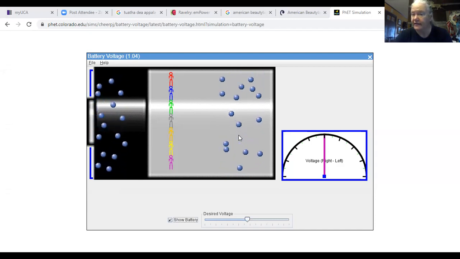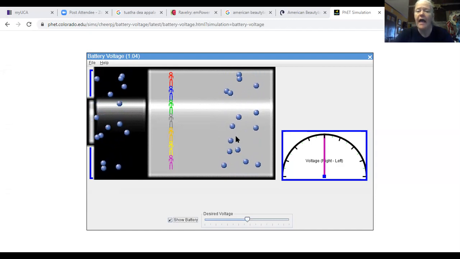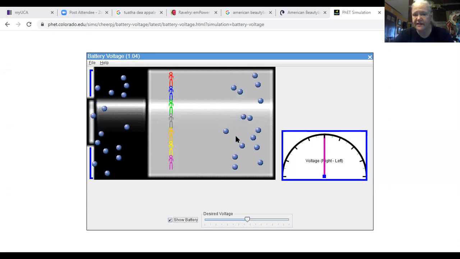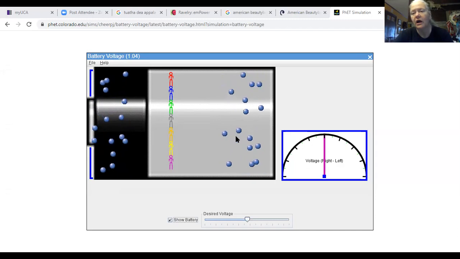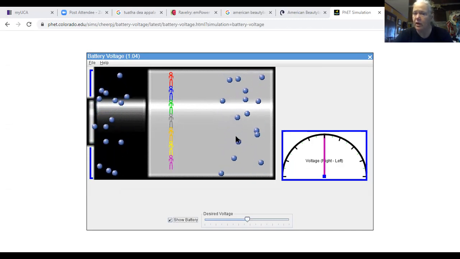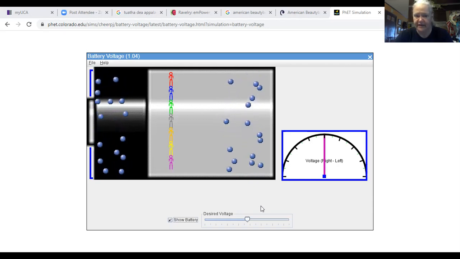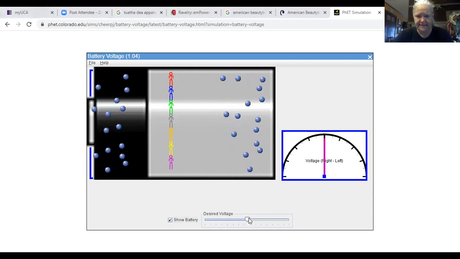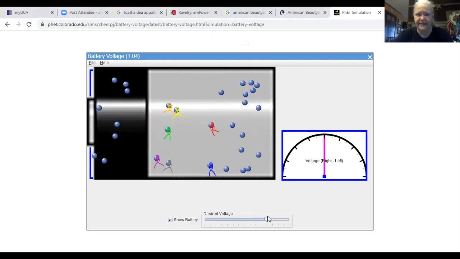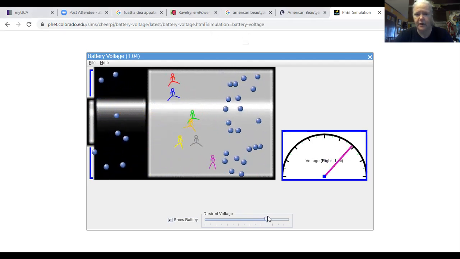So these are my free electrons. Now, if I want to create a potential across this battery, or a potential difference, I need more electrons on one end than the other, because if you think about a battery terminal, it has a negative and a positive end. Okay, so let's say I want a voltage like this, so I'm going to increase the voltage.